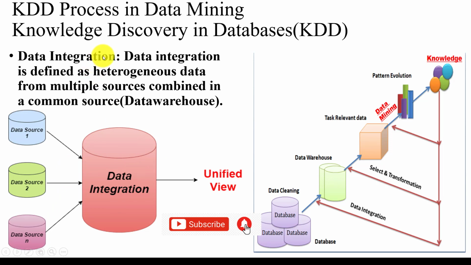Now the question arises, why do we need data integration? After doing data cleaning, we can integrate it into one single unit called data integration. Let's consider the same example, a bank account.